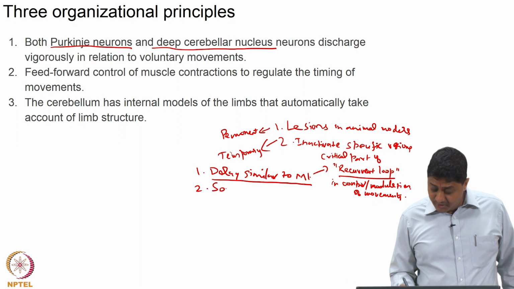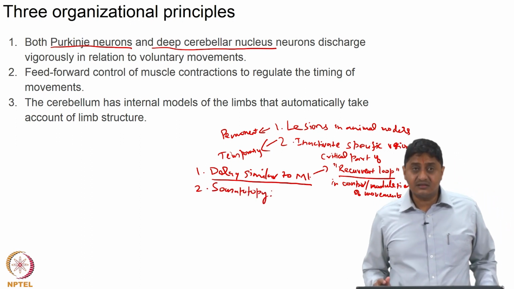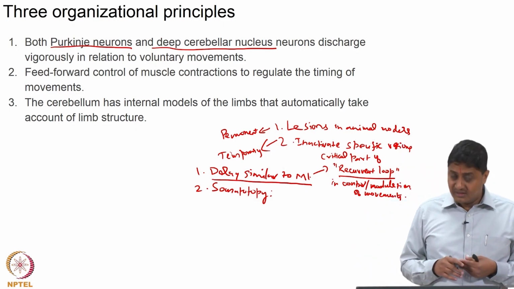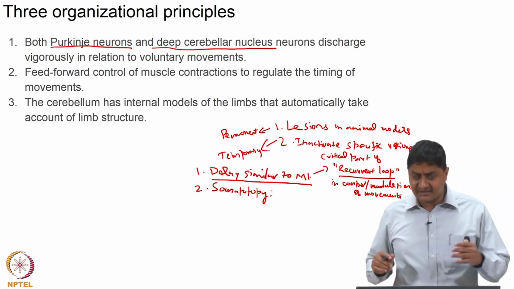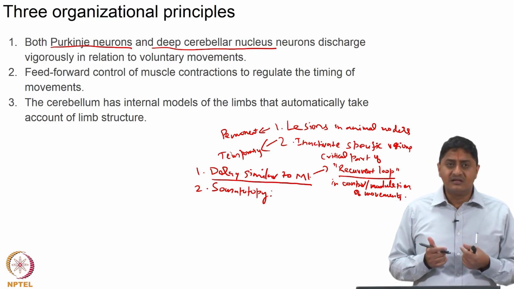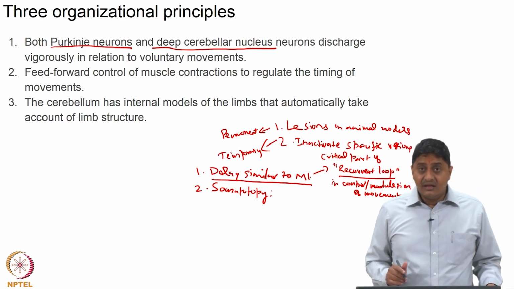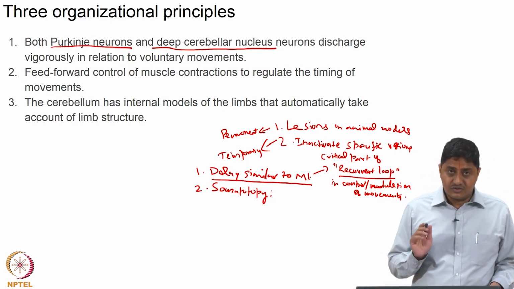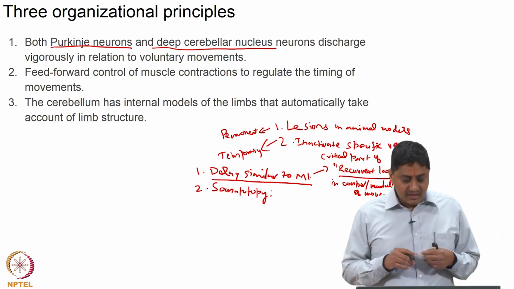Two is somatotopy. We have seen this earlier that there is somatotopy in the primary motor cortex. We have discussed this. This is the Penfield's map, we have discussed in great detail to what extent is the primary motor cortex somatotopic, etc. It turns out that the deep cerebellar nuclei are also somatotopic, but slightly different from that.